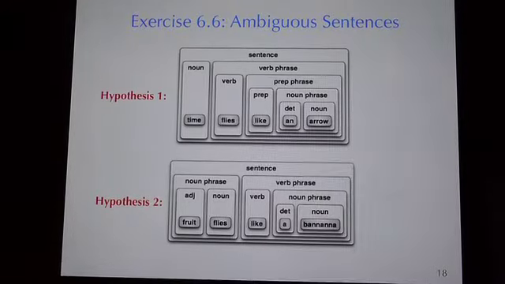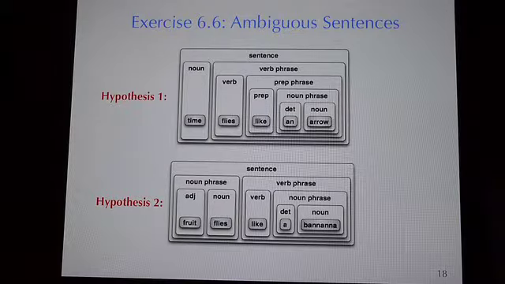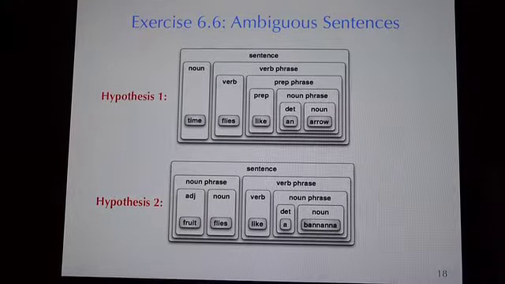At the level of sentence structure, there are several ways of parsing the sentence which are compatible with rules of grammar. I've put here two hypotheses, but there are several more. So in the first case, basically we interpret the sentence as time moves very fast as an arrow.